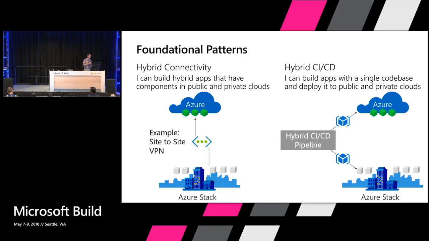Now, it's very important to highlight that you still have different Azure Resource Managers, right? So the resources that you place in Azure Stack stay with Azure Stack. The resources you place in Azure stay with Azure.